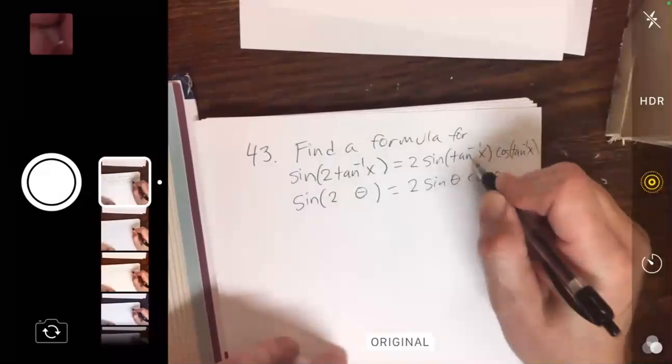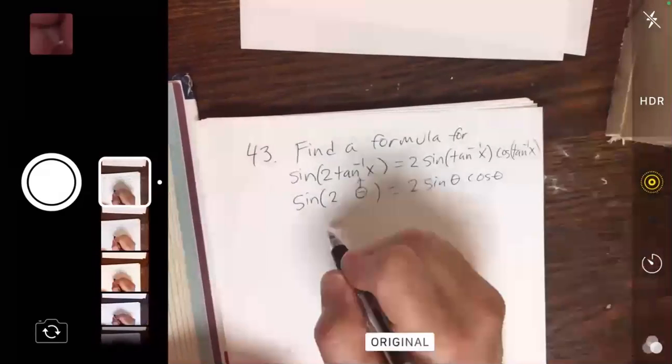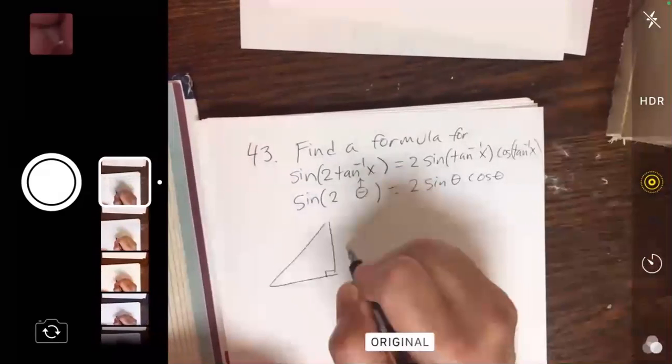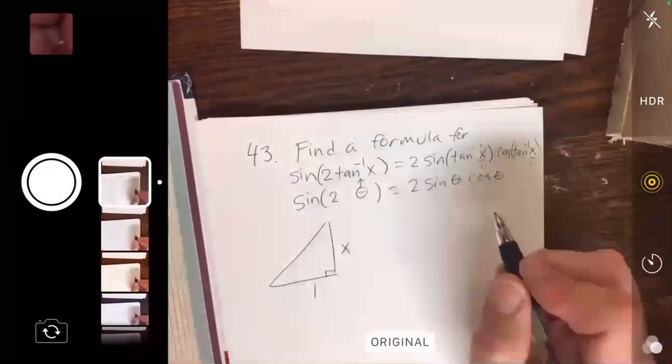Triangle: x opposite, 1 adjacent, same triangle for both, hypotenuse square root of 1 plus x squared.